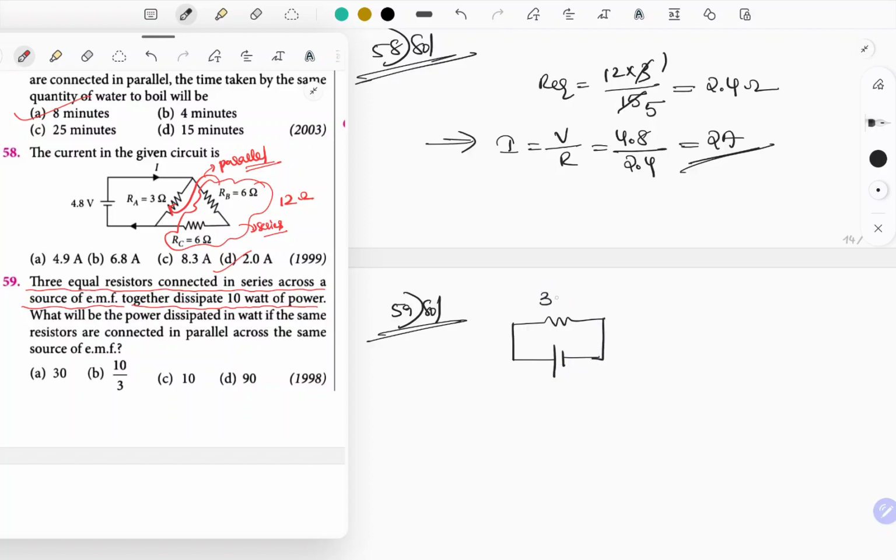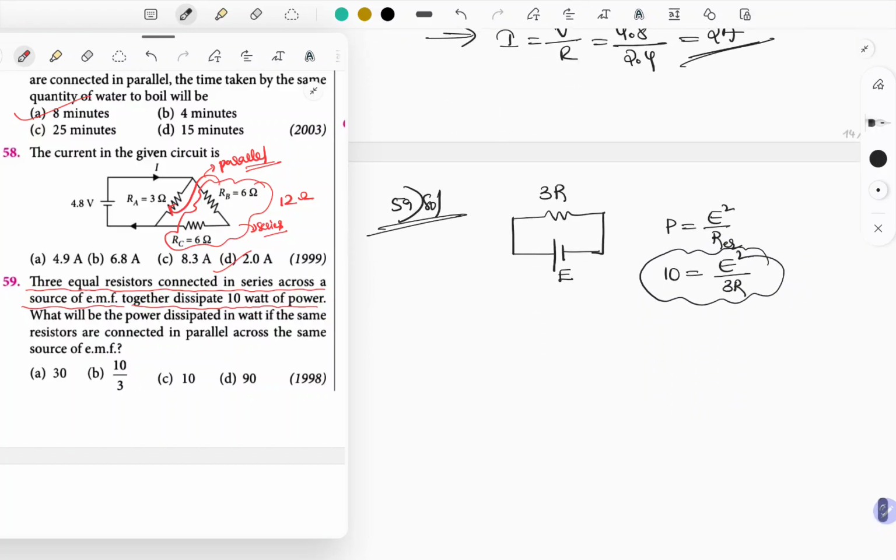As they are connected in series, it's going to be replaced as 3R equivalent resistance, and the supply voltage is, let's say, E. So the power dissipated formula is E square by R. Power is 10 watt, which is equal to E square by R equivalent, which is 3R. This is the formula for power dissipated.